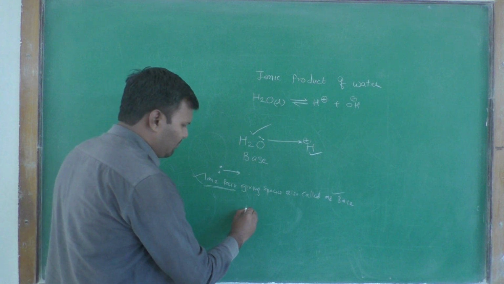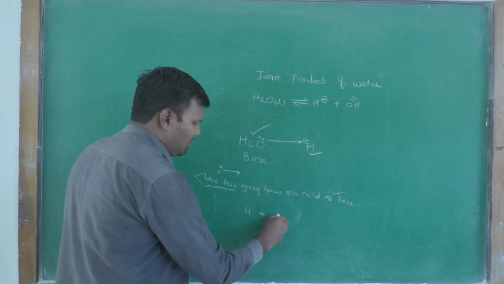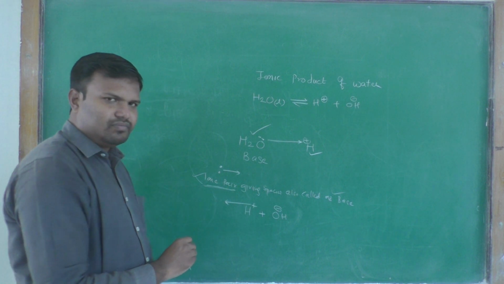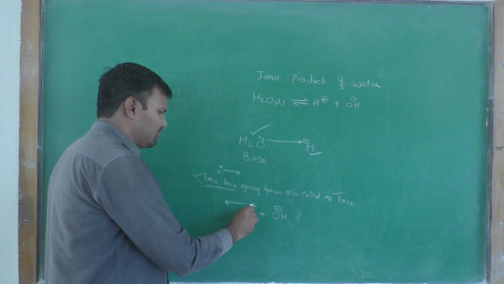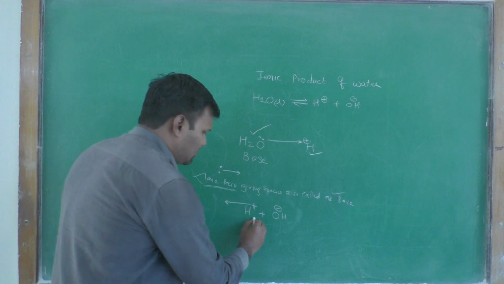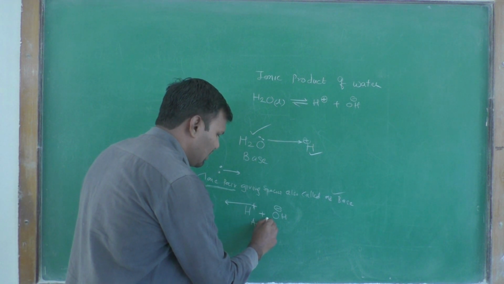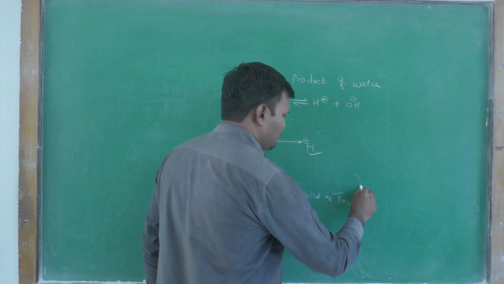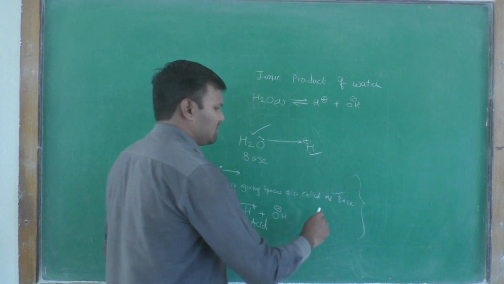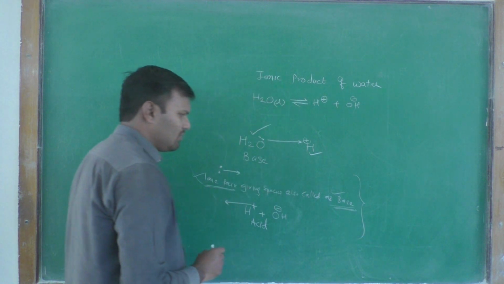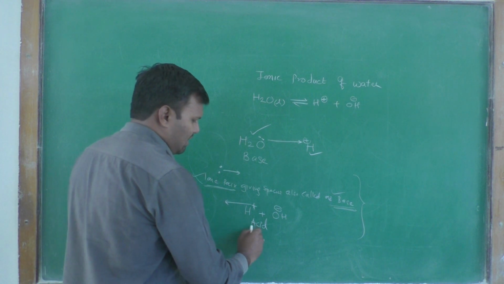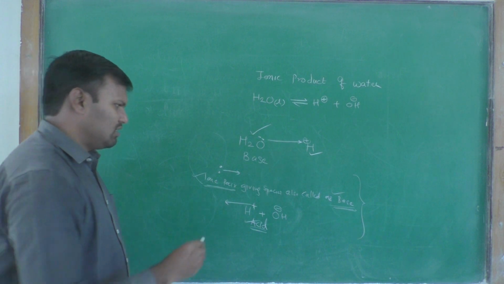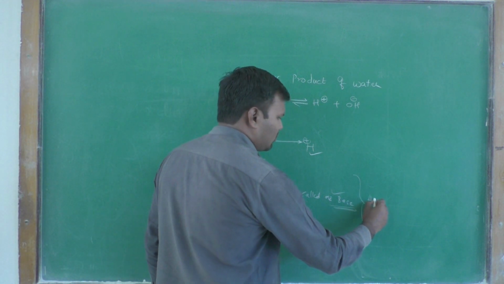Also, water gives the H plus ions to the bases which accept it. Therefore, it also acts as an acid. So if a substance acts as a base by giving lone pairs and as an acid by giving H plus, it is amphoteric in nature.